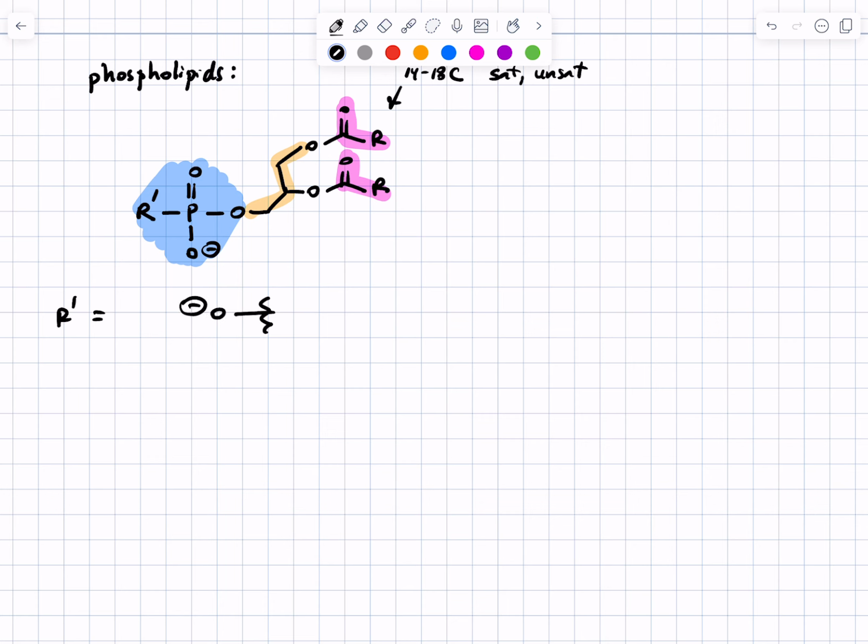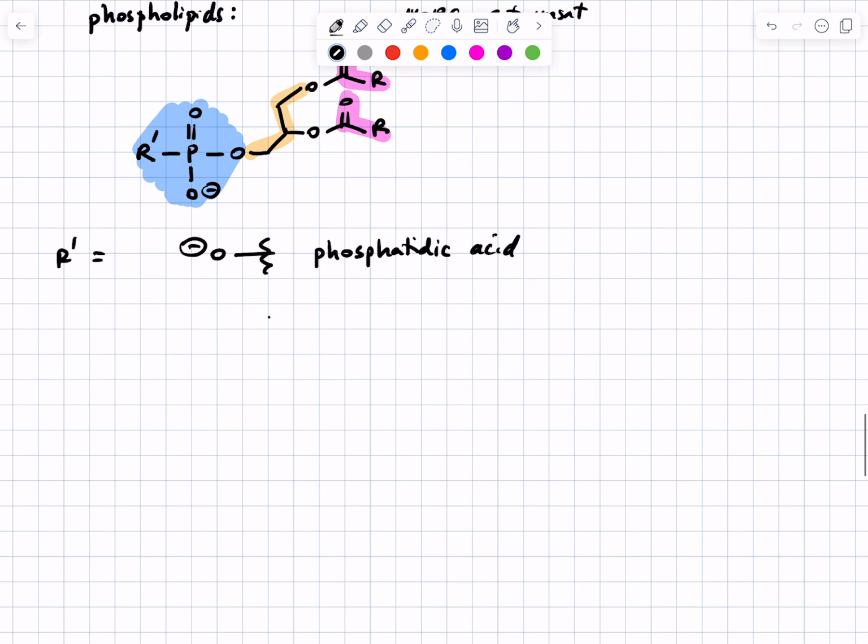It can just be a negatively charged oxygen. So that's called phosphatidic acid when you have just the phosphate group here. If that oxygen is no longer negatively charged, but it's bonded to two carbons with a positively charged nitrogen, ammonium ion on it, this group is called ethanolamine. So we would call that group phosphatidyl ethanolamine.